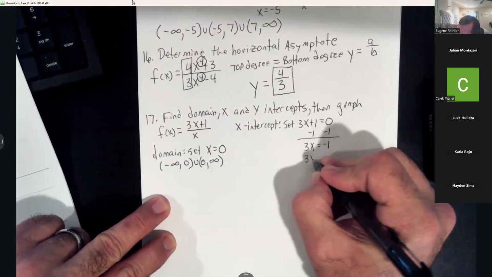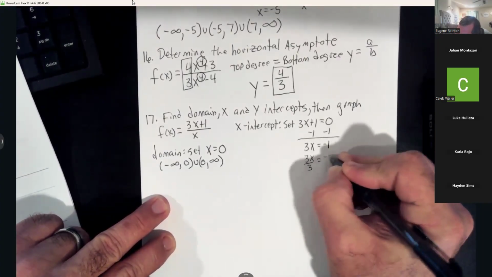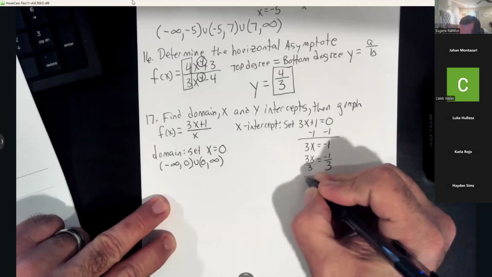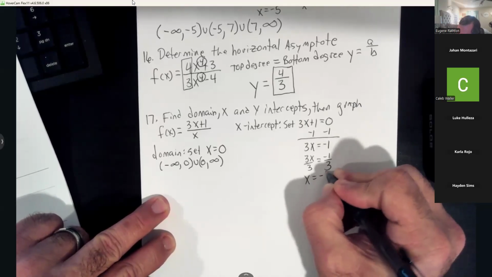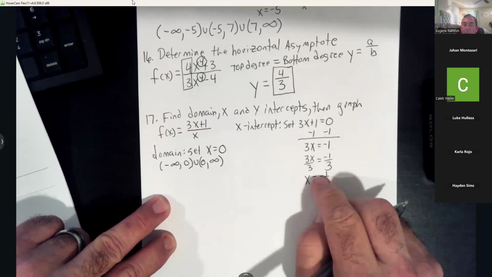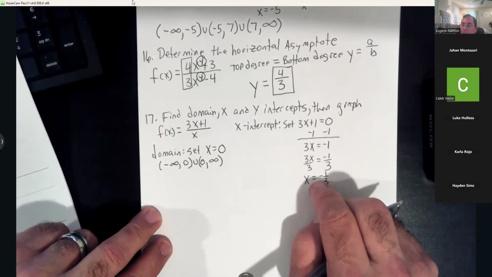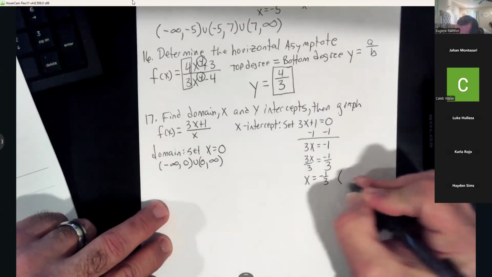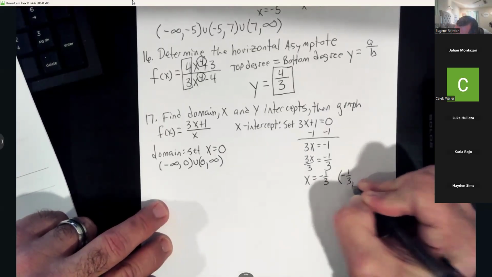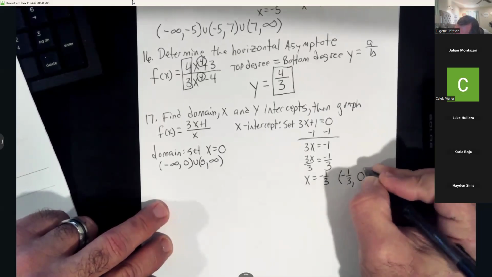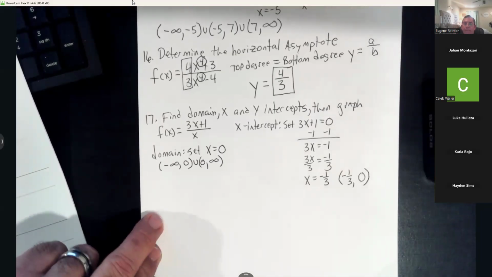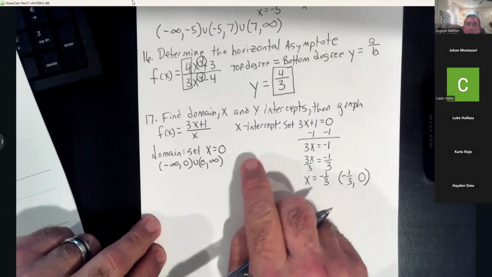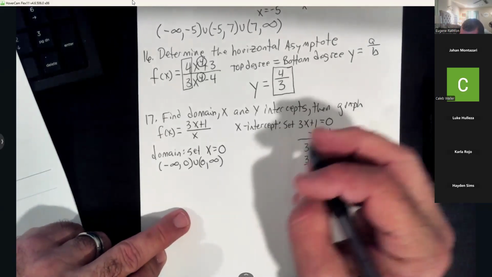Divide by 3 on both sides. So that cancels, and I get x equals a negative 1/3. But remember, the x-intercept has to look like an ordered pair. So this would be negative 1/3 and 0. All right, next they wanted the y-intercept.